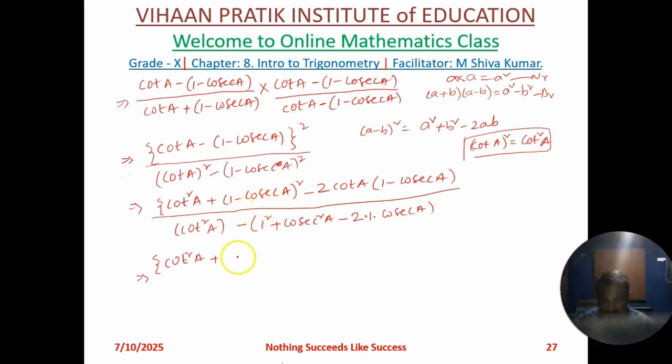Now in numerator we again see that we have cot square A, again this is in the form of a minus b whole square, so we write it as a square plus b square minus 2 into a into b.